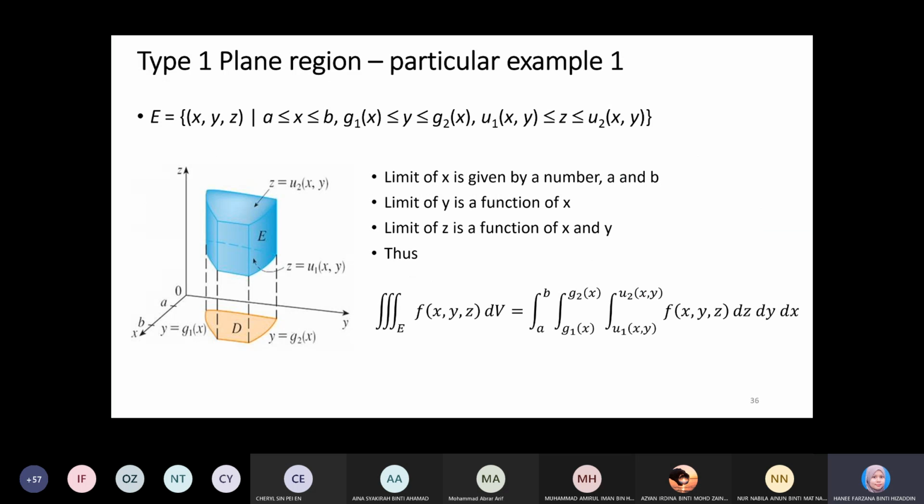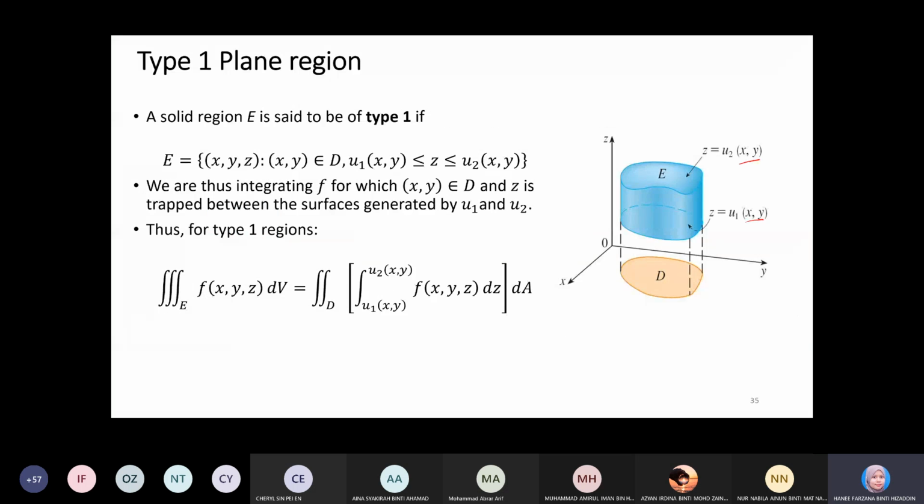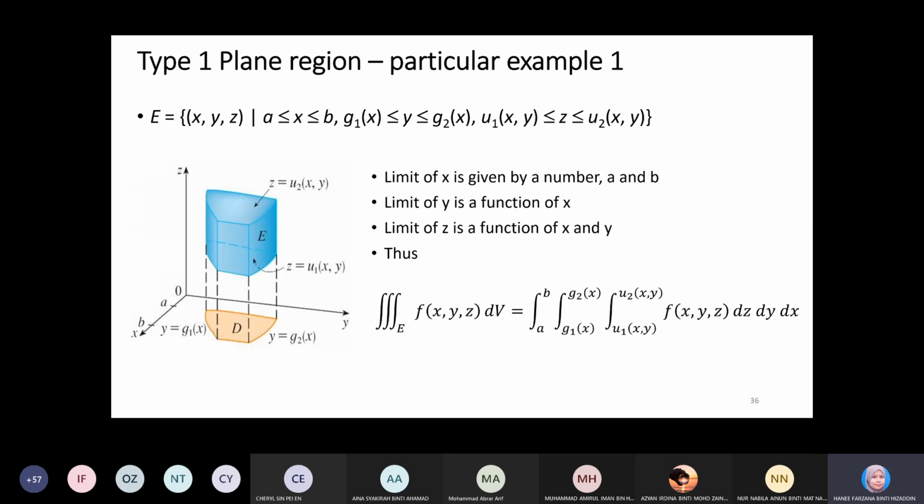Type 1 plane region has two types. Okay, we have type 1 region, but type 1 region also has two types. This is type 1 plane region in the type 1 setting. Okay, how do I put this into context?